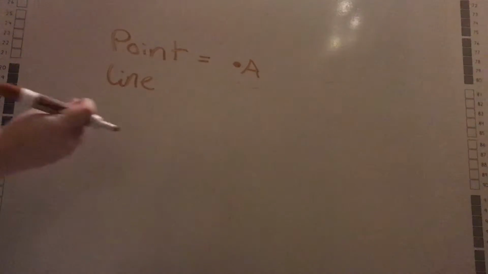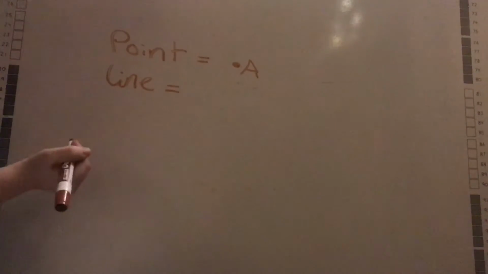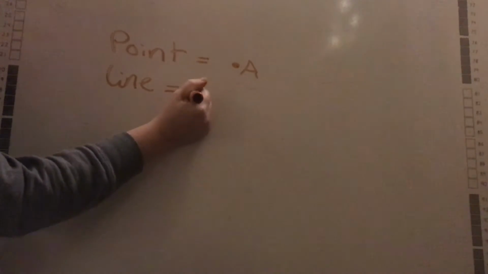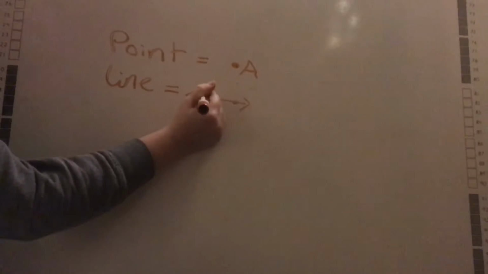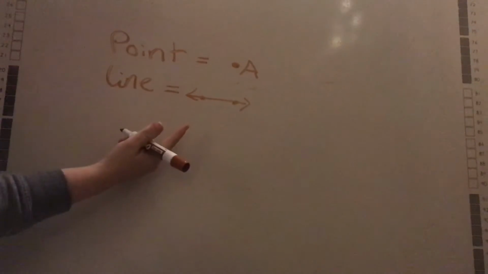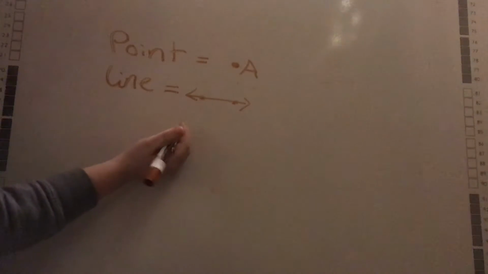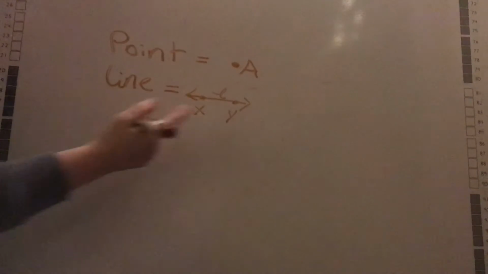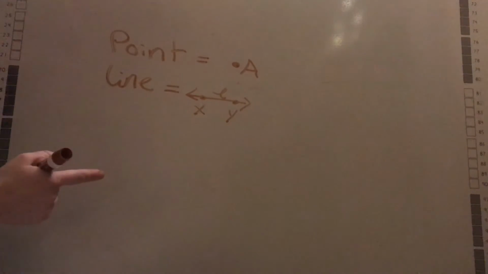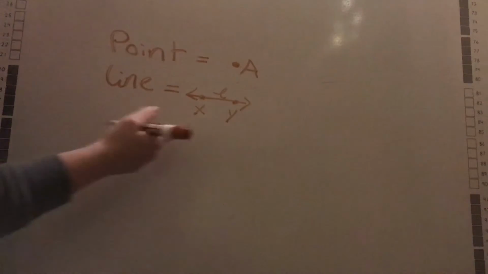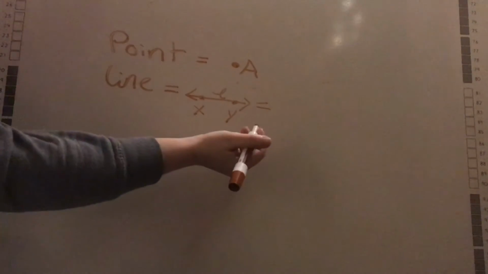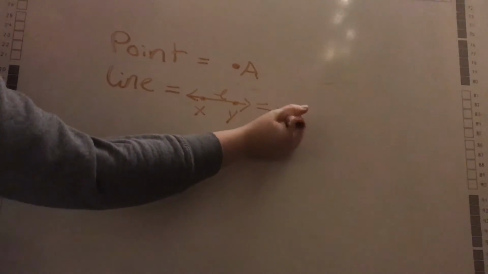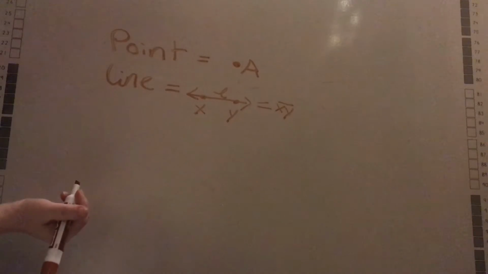So, a line is going to have something that looks like this. This is how you would see it. They have labeled the dots or the points X, Y, and they have labeled the line L. Now, to represent the line, you would write X, Y with a line over the top of it.